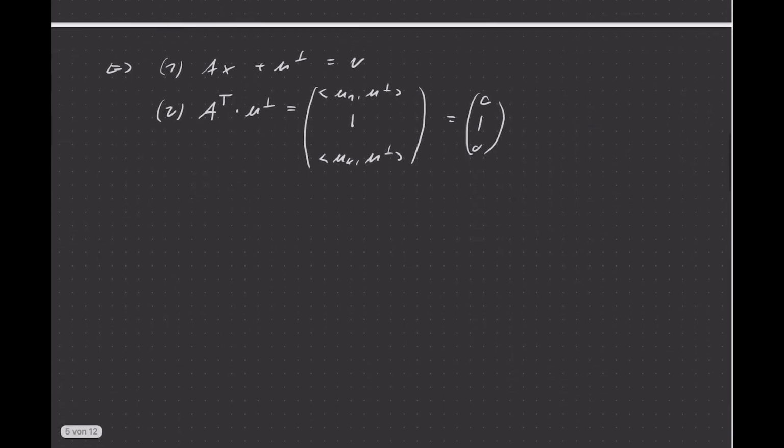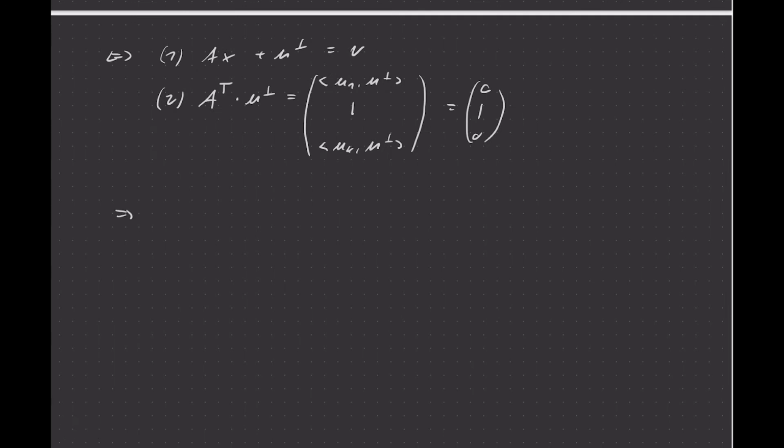Right? So we have those two equations, and now we can start reformulating things a little. The first equation can be solved for u ortho, of course. And then u ortho is v minus Ax. And just copy the second one for now: A transpose u ortho is 0.